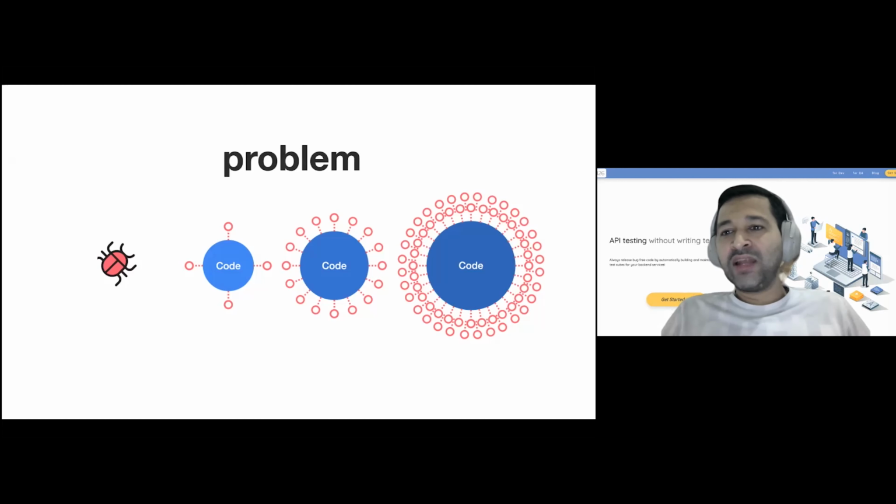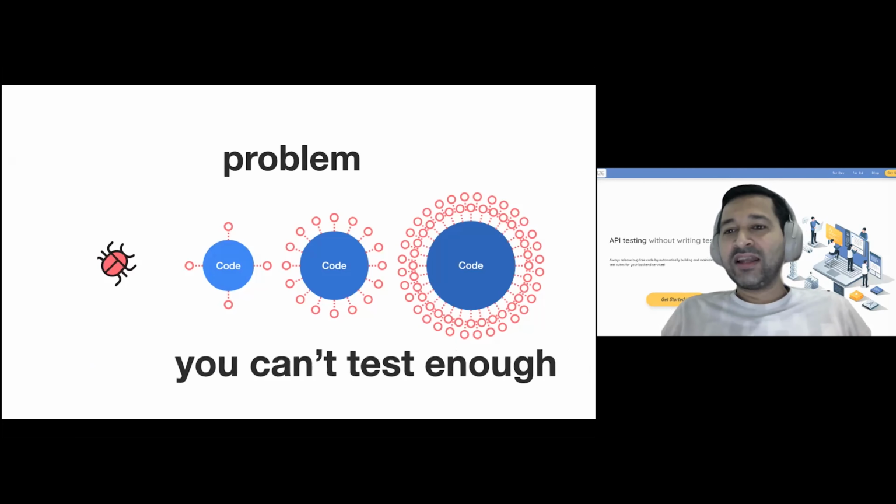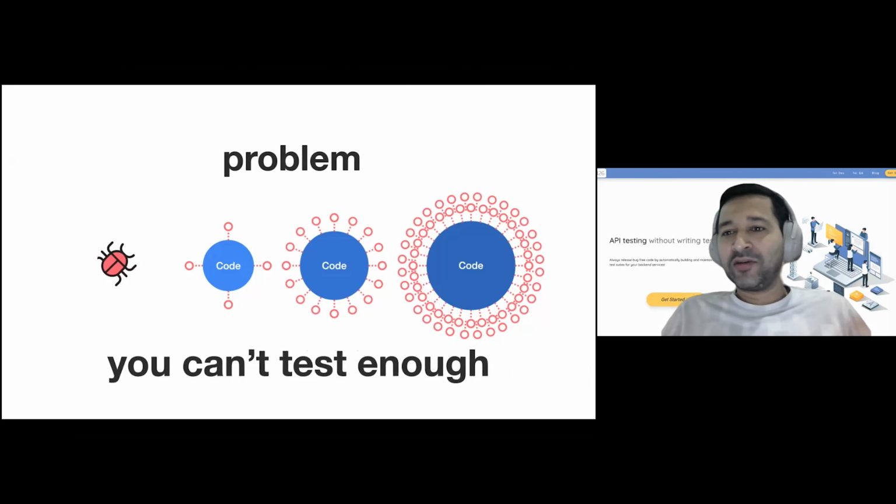And so you may look for automation solutions in this kind of situation, but the problem that you're solving isn't really automation, right? There's plenty of solutions out there that can automate the hell out of whatever test you've written. The problem is you haven't written enough tests, right?